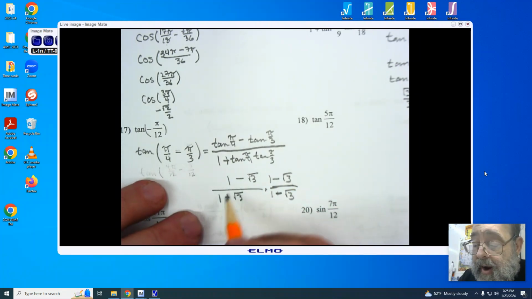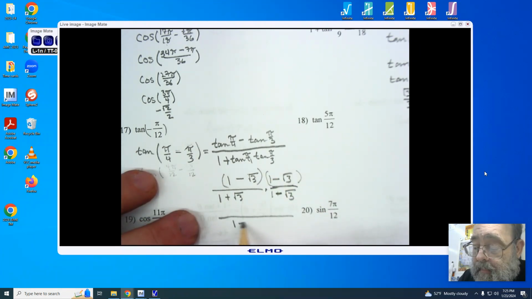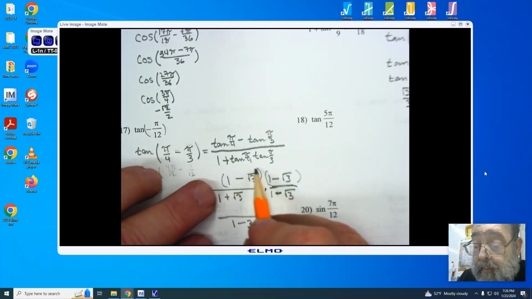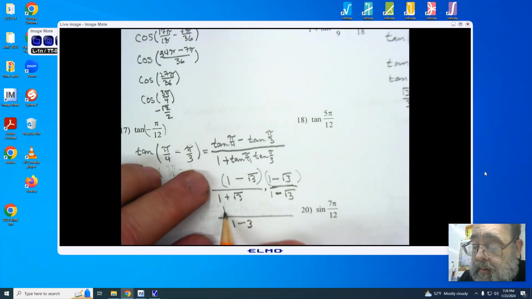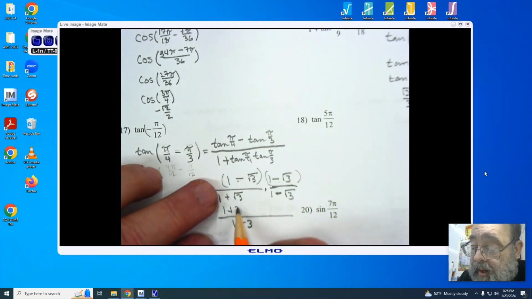This is giving me, now I have to FOIL. So think about it, FOILing. The denominator is easy. It's 1 minus 3. But look at this numerator. I have a 1. I have a negative negative, which is plus 3.